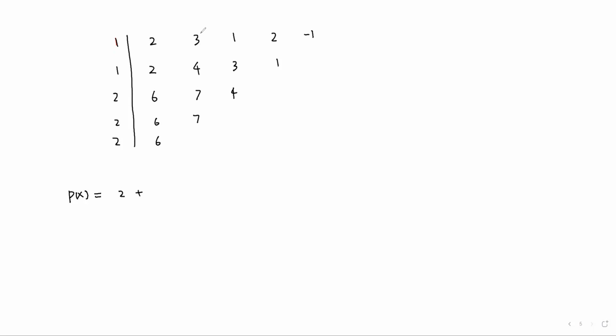Plus the second term, coefficient is 3, x minus C0. C0 is 1. Then plus this coefficient 1 times x minus C0, x minus C1, plus 1, 2, 3.